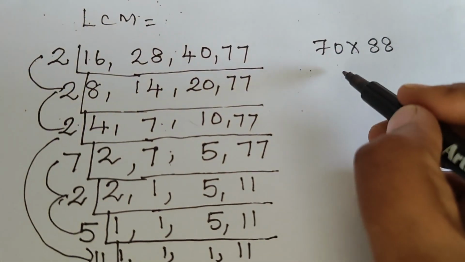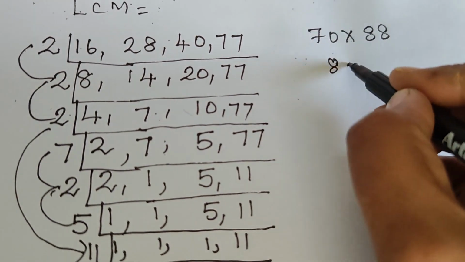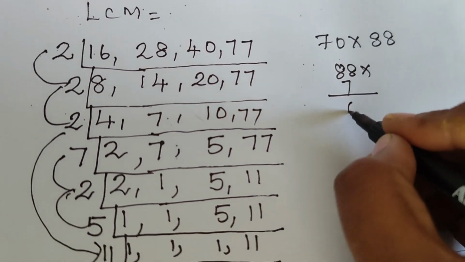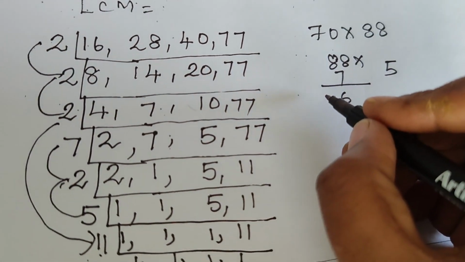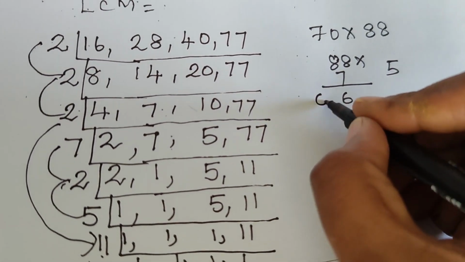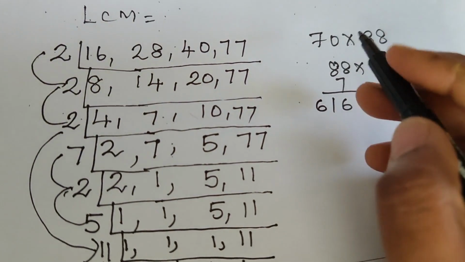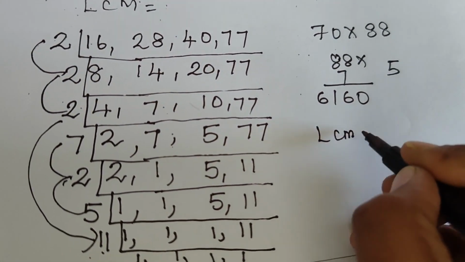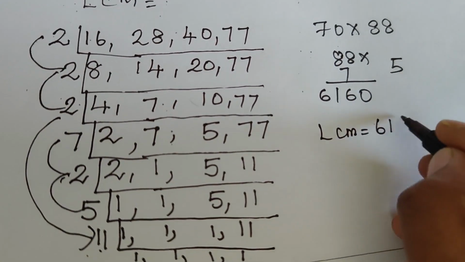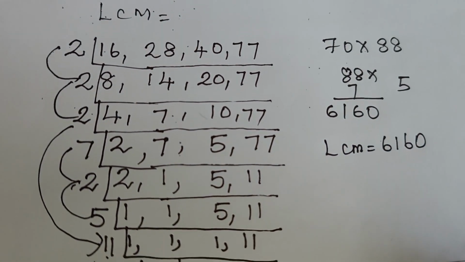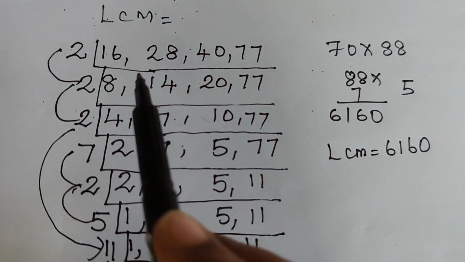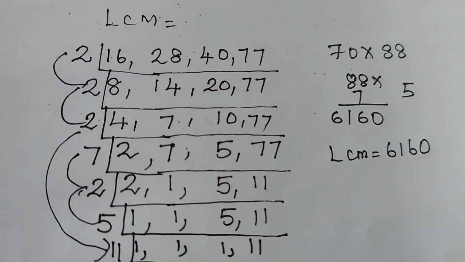When I multiply 88 and 70, I will just multiply with 7 and add 0. 8 7s are 56, 5 balance, 8 7s are 56 plus 5, 61. Now put 0 because there is a 0 here. Actually, the LCM of these numbers is 6160, which means 6160 is completely divisible by 16, 28, 40 and 77.